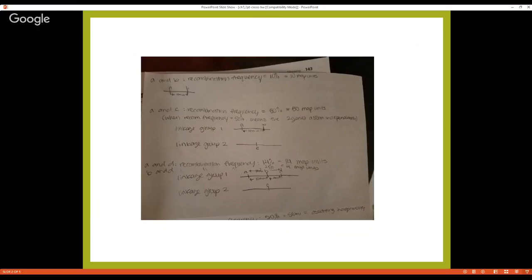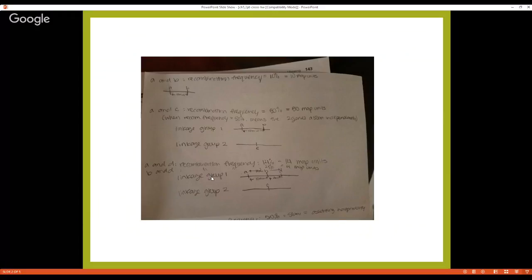Then the next step would be to do A and D, which have a recombination frequency of 14%, and that's 14 map units. Just looking at it, you can see that the map distance between B and D is 4 map units, and later on it tells you that B and D have a recombination frequency of 4%, which equals 4 map units.